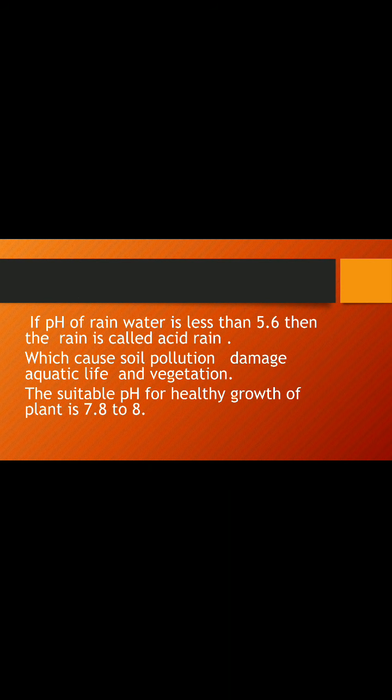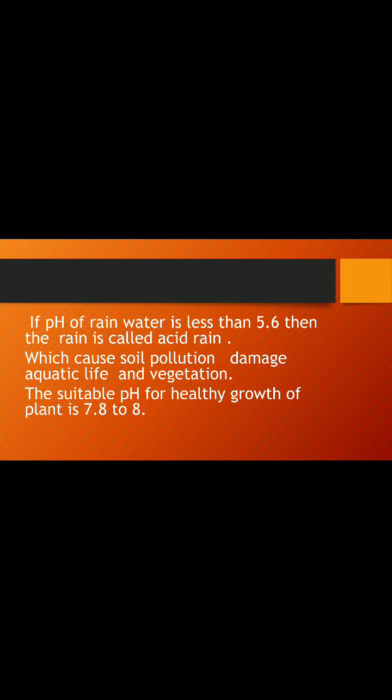If the pH of rainwater is less than 5.6, then the rain is said to be acid rain. Acid rain causes soil pollution and damages aquatic life and vegetation.